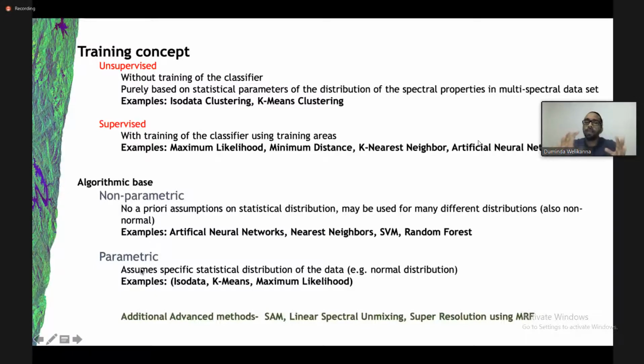All these classification methods in satellite image processing are developed to assign pixels information values. In computer programming we call this a coloring process: giving a pixel a class, giving a pixel a feature, giving a pixel a detail. That is what we do in classification.